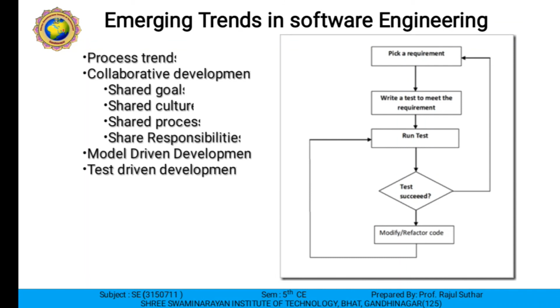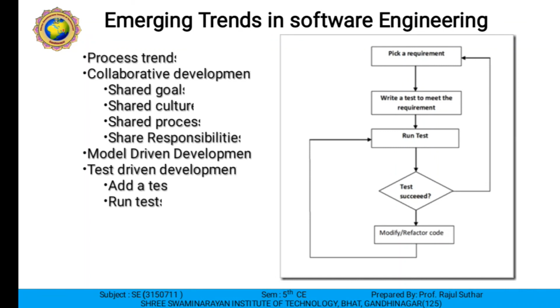In test driven development, the development cycle begins with adding a test. To write the test case, the developer must understand the features and requirements clearly. Then run the test, which executes the test for existing code.